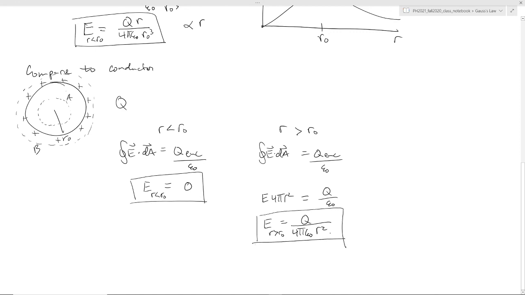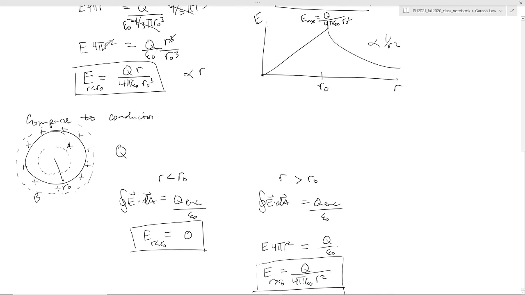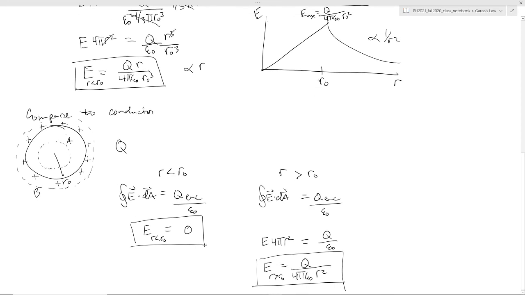Now we can put our picture up here, just to contrast. A conductor with the same size and the same charge is going to have nothing on the inside for an electric field.